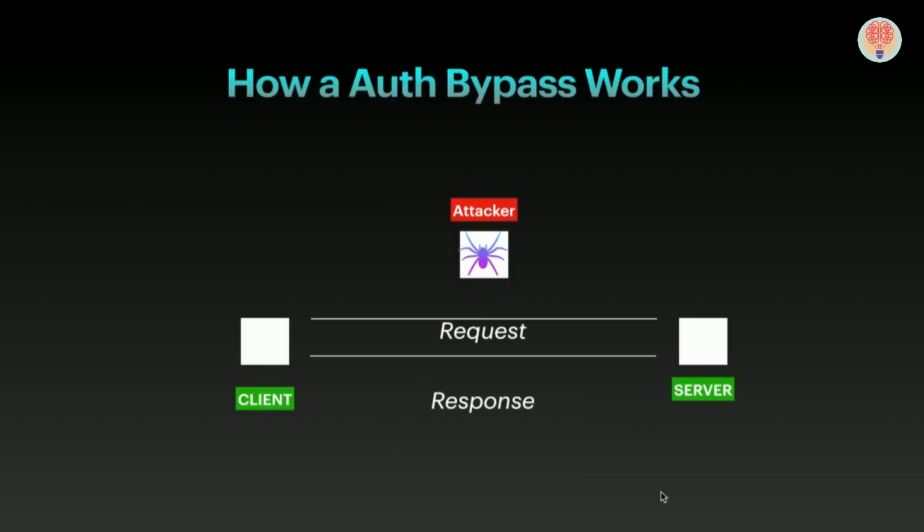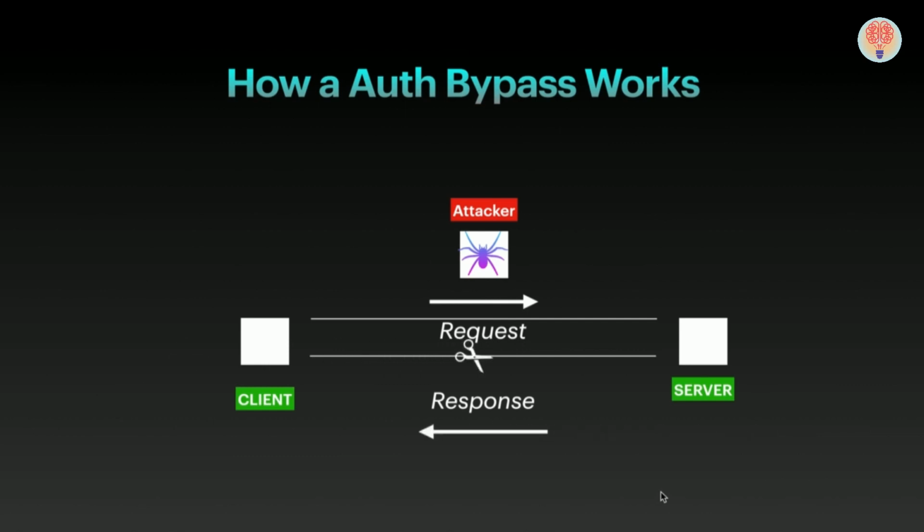So let's see how an auth bypass works. As you can see, on the client end at the left side and at the server end at the right side, when the client is communicating with the server and sending a request, the server will respond to the request by sending a response.